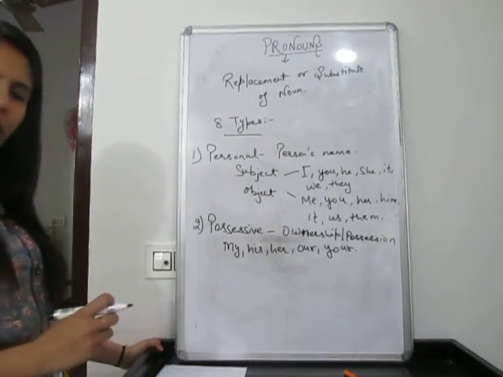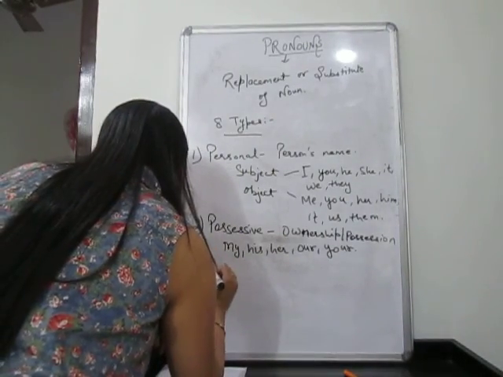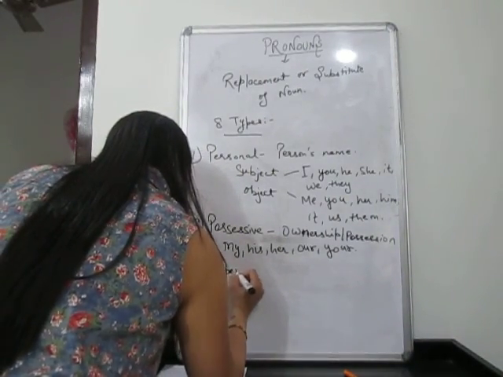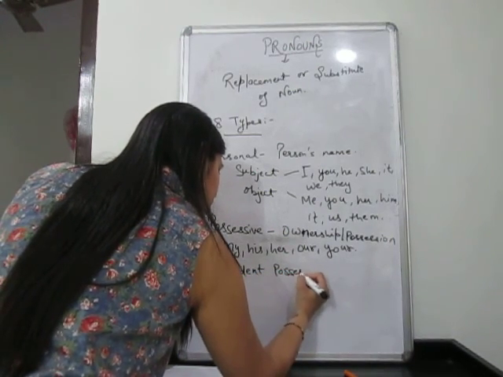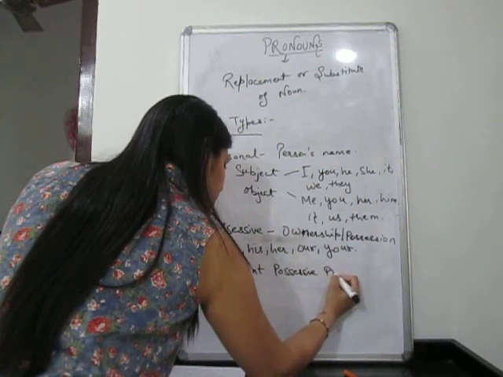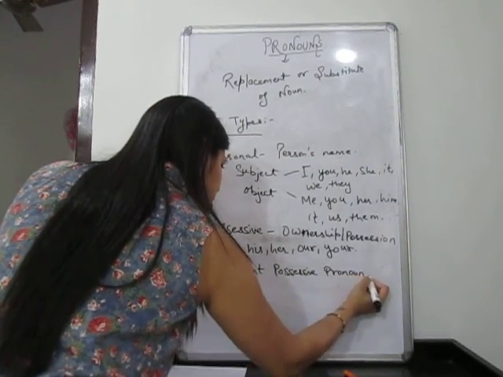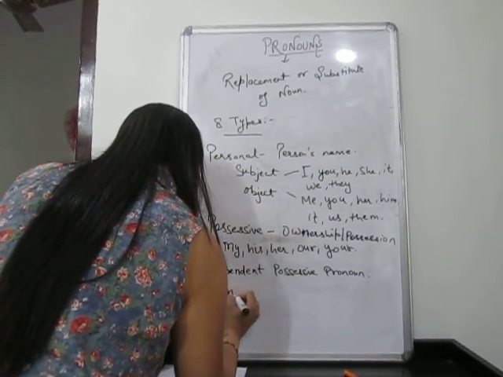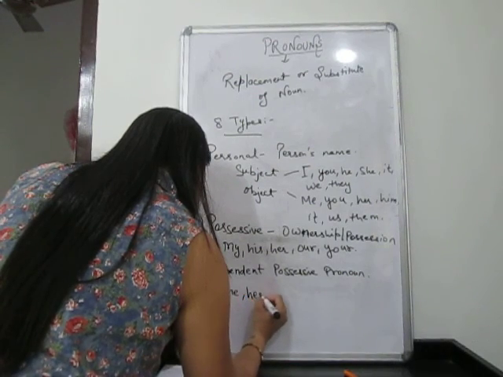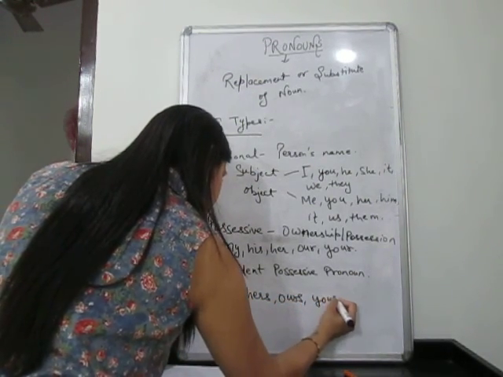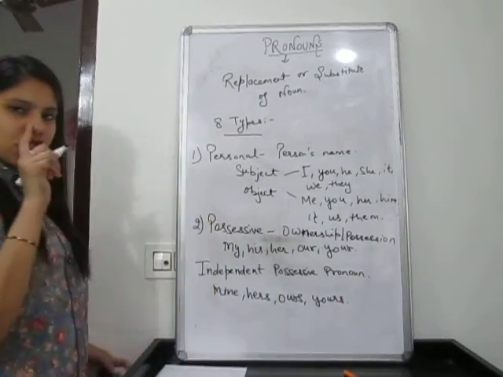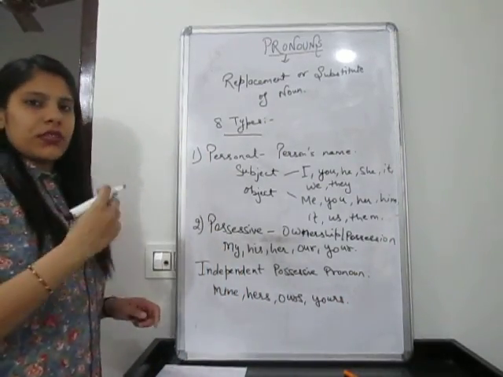We have one more category in it, independent possessive pronoun, right? Mine, hers, ours, yours. This s is not apostrophe, this is just a suffix, right?